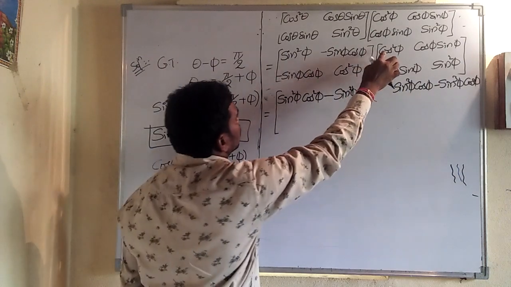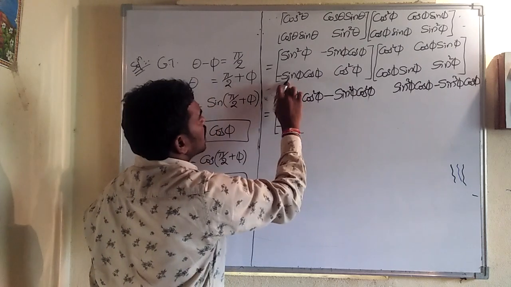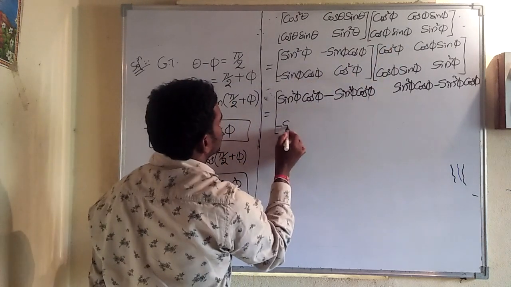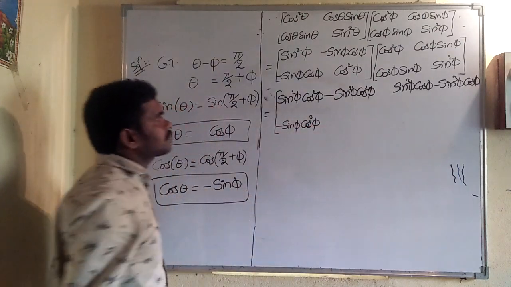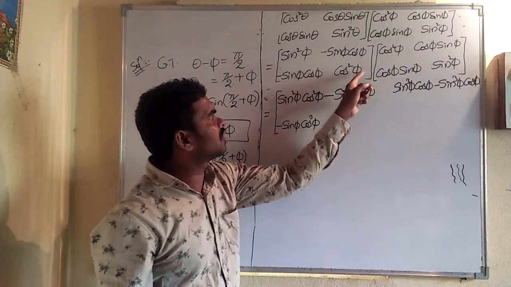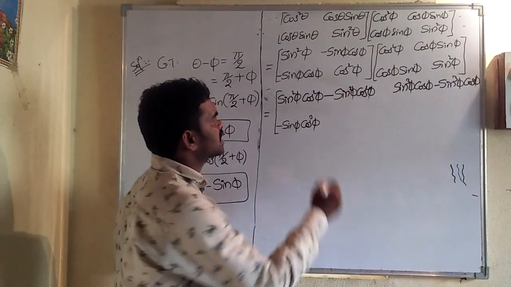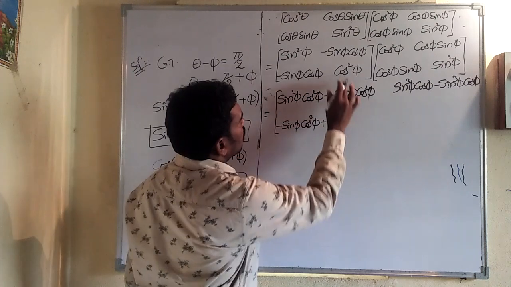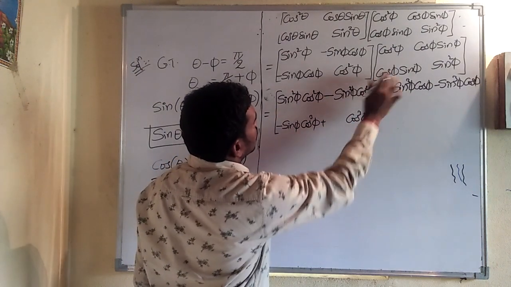Next, second row with first column. Minus sin phi cos phi into plus cos square phi. So minus into plus, minus sin phi cos phi into cos square becomes sin phi cos cube phi. Next, cos square into this cos phi sin phi becomes cos square into cos, cos cube, into sin phi.